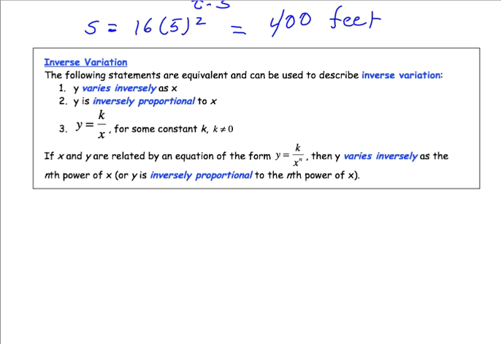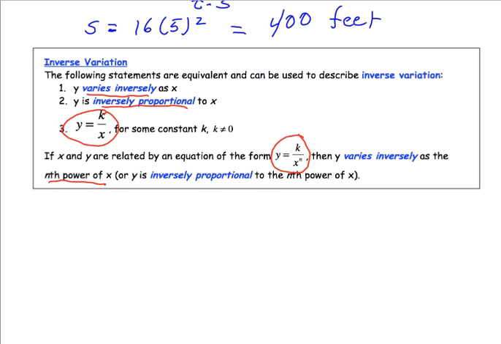We can say y varies inversely as x, y is inversely proportional to x, and then our model is y equals k divided by x. And if x and y are related by an equation of the form y equals k over x to the n, then y varies inversely as the nth power of x, or is inversely proportional to the nth power of x. So we're combining the two ideas we have with direct variation for inverse variation at one time.